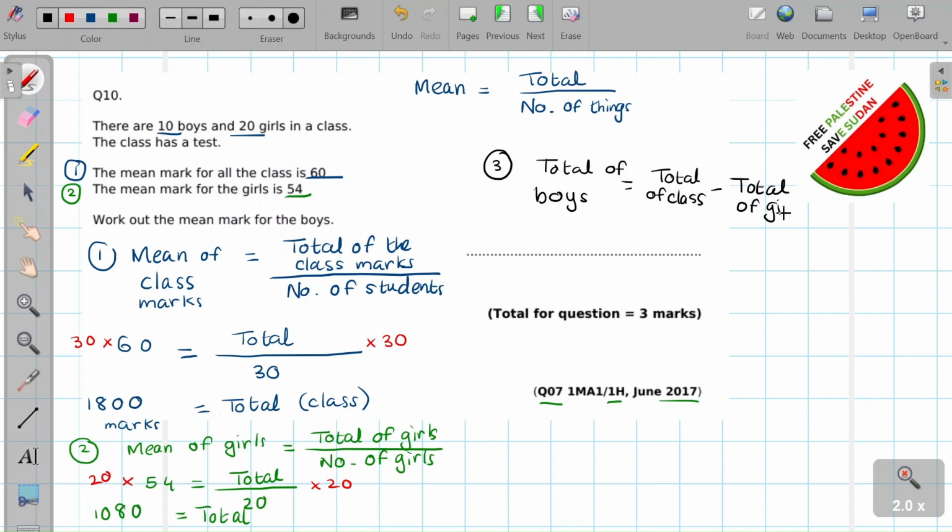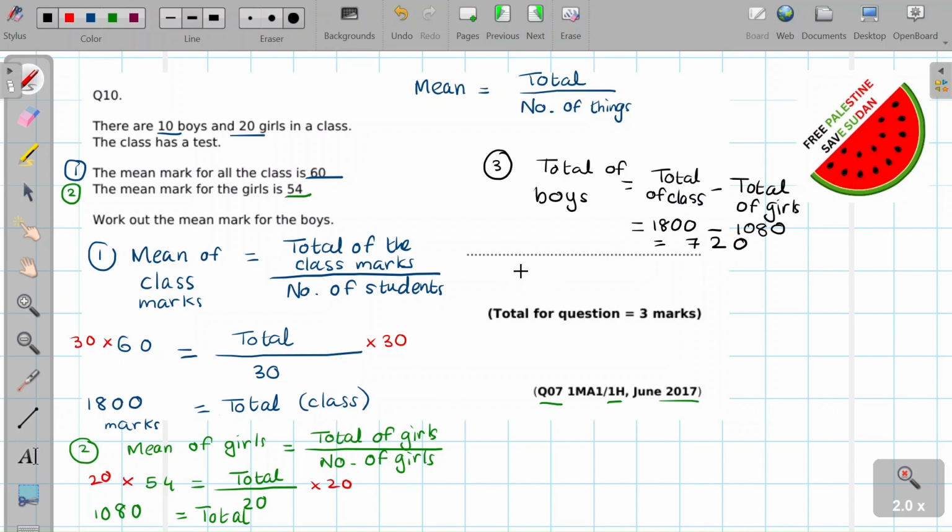That would give me just the total of the boys. So that's 1800 minus 1080. So 1800 minus 1000 is 800, and 800 minus 80 is 720.